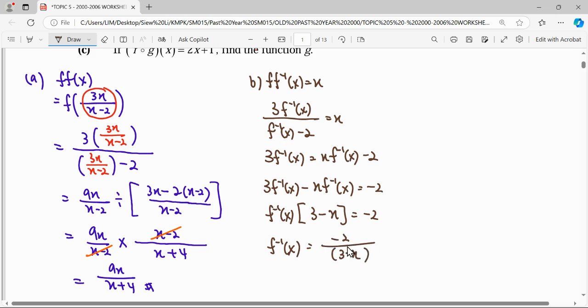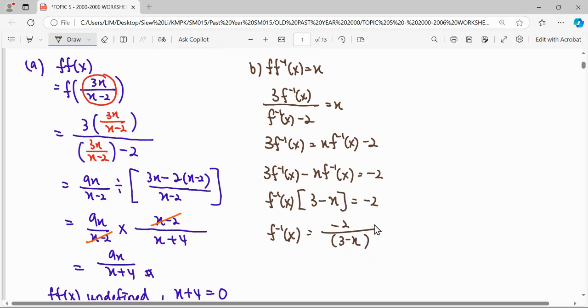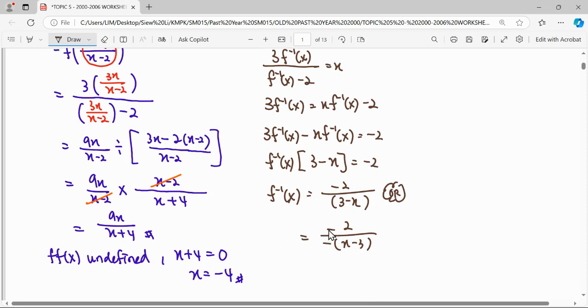You can put your answer in this form, or if you continue to simplify, we take out the negative, and negative negative becomes positive. It will be 2 over x minus 3.